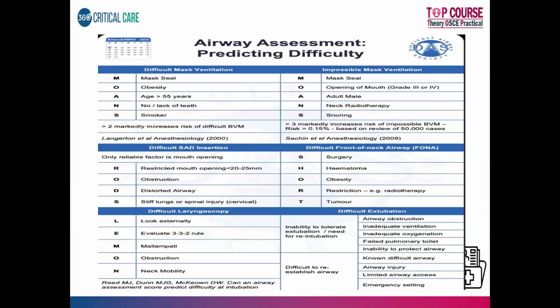So just for your knowledge, the mnemonic for difficult mask ventilation is MOANS: difficult mask seal or inadequate mask seal, obese patients, age more than 55 years, N stands for no or lack of teeth, and S for smoker. Having more than 2 of these can markedly increase the risk of difficult bag mask ventilation.